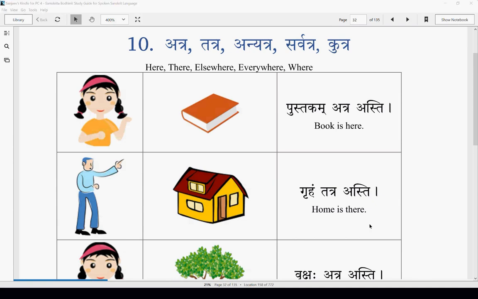Previously we studied different words representing objects, for example pustakam, gruham, vatayanam, balakah, balika, etc. But we also studied words like aham, mama, bhavan, etat, tat, kaha, ka, kim.